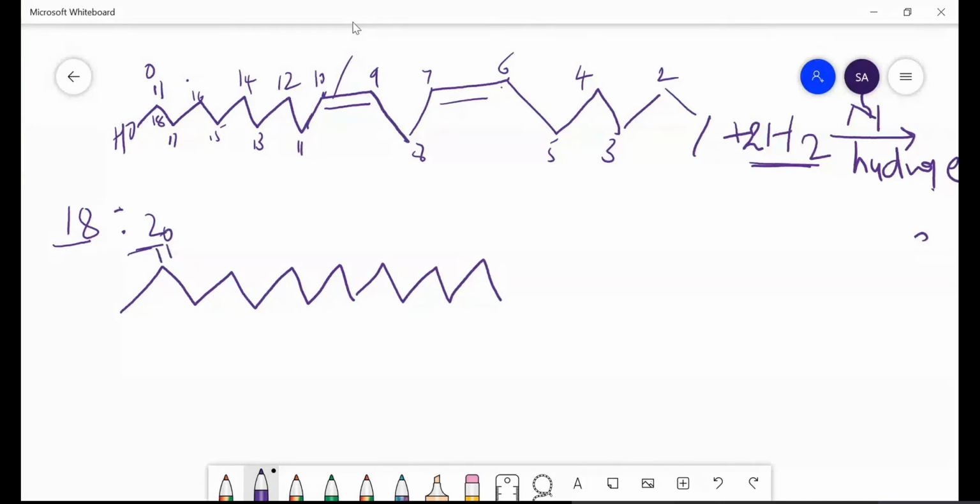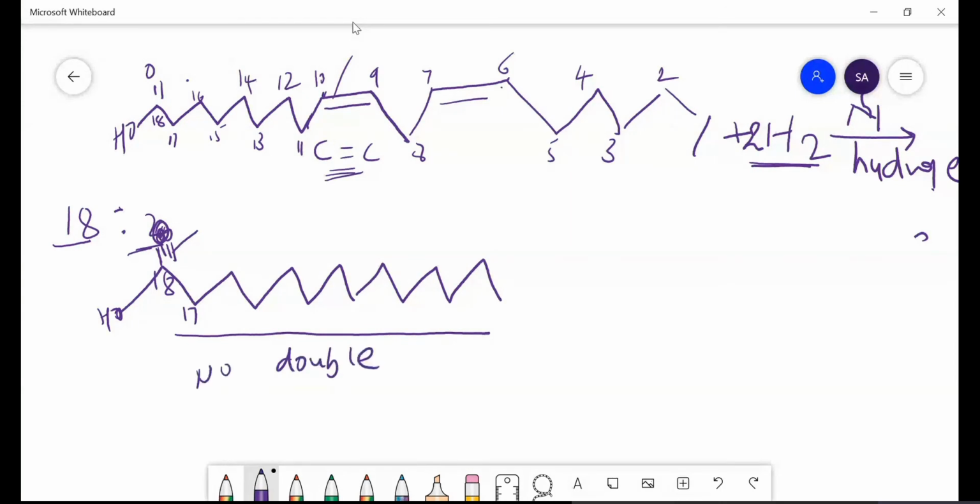Don't get carried away, this is an oxygen double bond. This has nothing to do with the hydrogenation. Only a carbon-carbon double bond will participate in the reaction, and you get a straight chain of carbon. We no longer have a double bond. The double bond turned into a single bond.